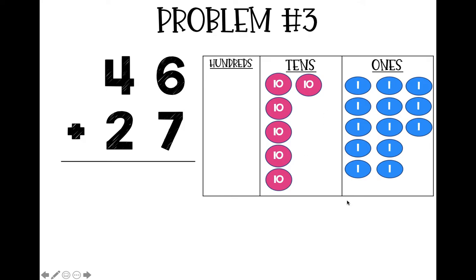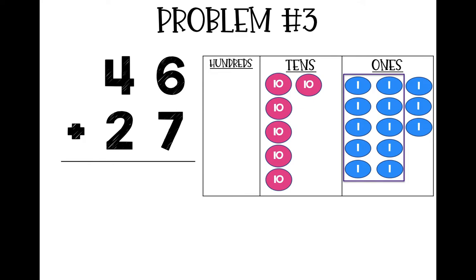Let's look at our ones first, just like we always do. How many ones do we have in our ones place? We have 13. We know that 6 ones plus 7 ones is 13. Can we keep 13 ones in the ones place? No way! What do we need to do to solve this problem? That's right, we need to bundle 10 of those ones.